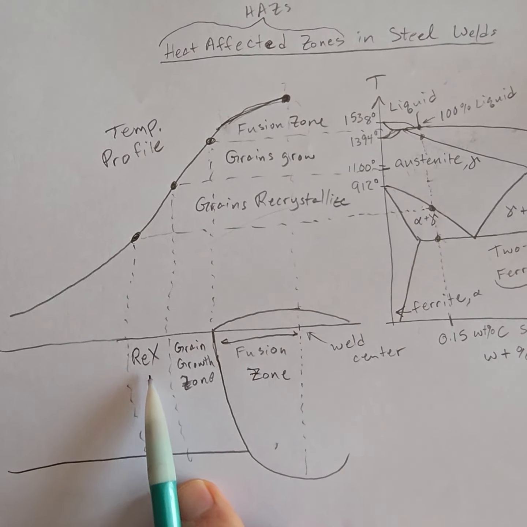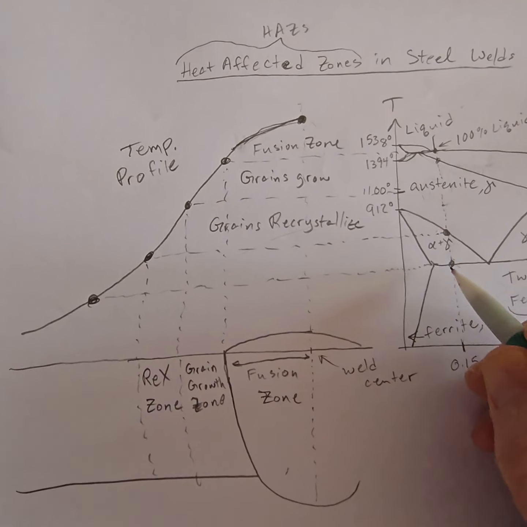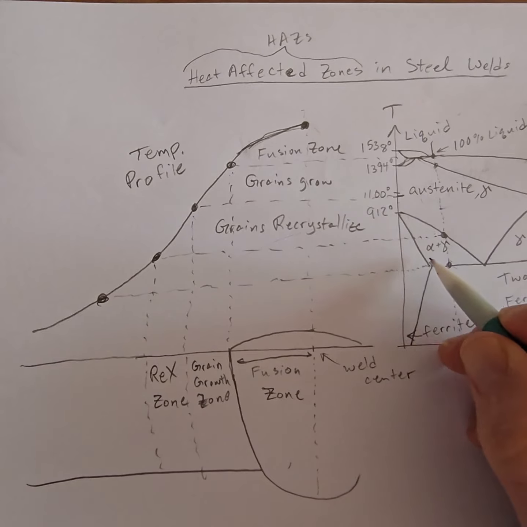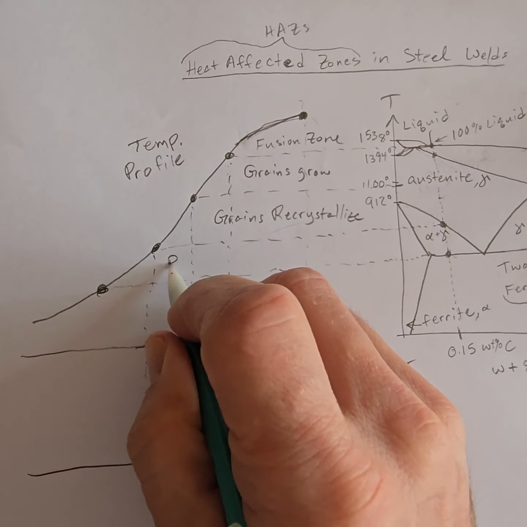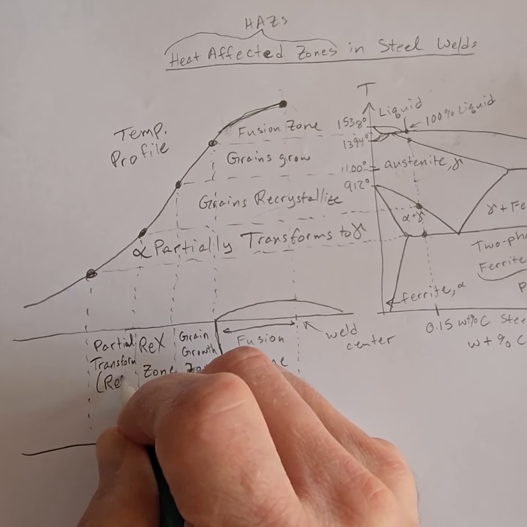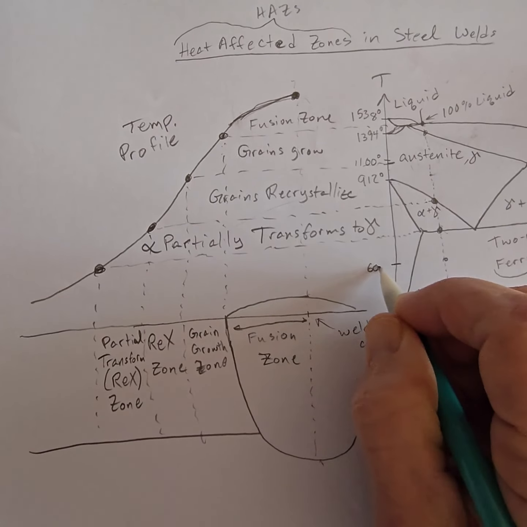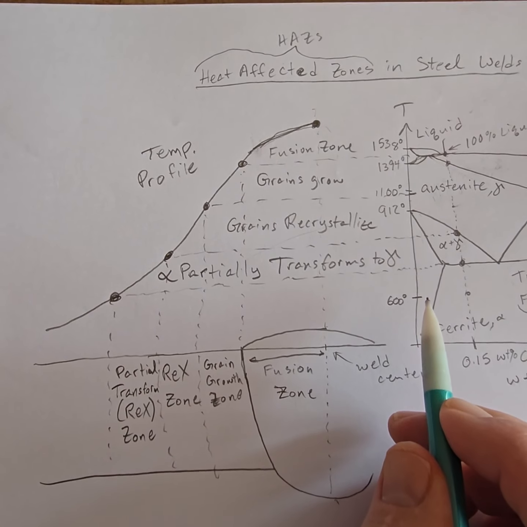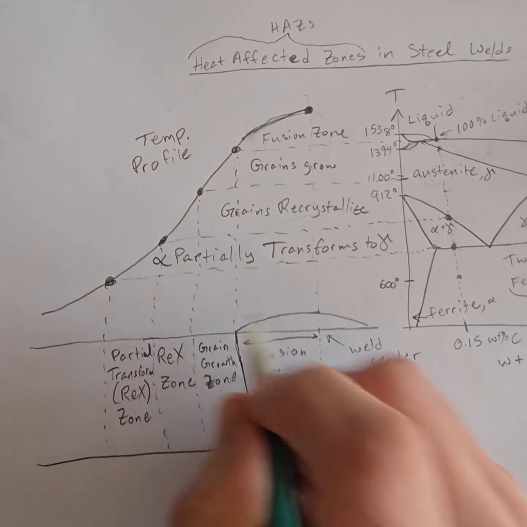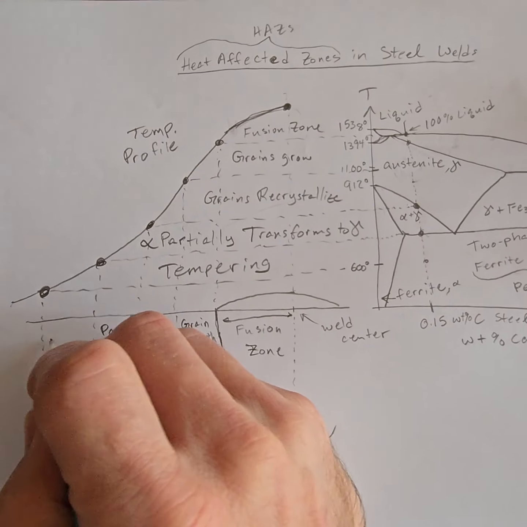We will abbreviate that as REX zone. Below the recrystallized zone, I have the temperature at which some of the ferrite transformed to austenite. So that's the partially transformed zone or partially recrystallized zone. And then I have a temperature of about 600 at which metallurgical changes happen, but no phase change happens. That's tempering, which means that some softening takes place, and so that's called the tempered zone.